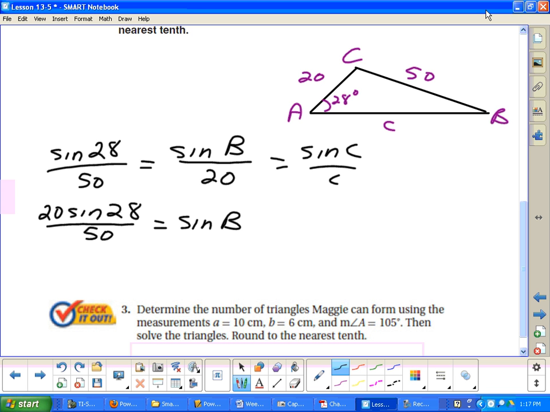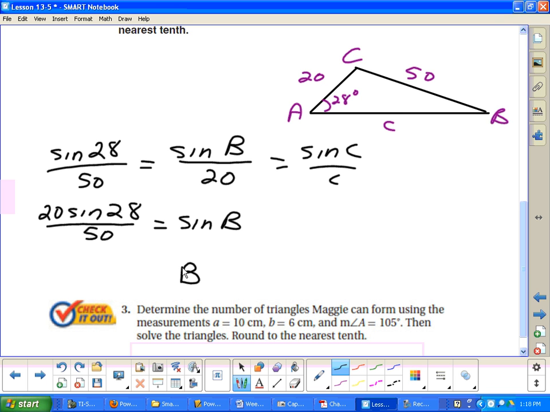To find angle B, we're going to do the inverse, so second sine of the answer. You could type in 0.1877888 whatever, or you could just hit second sine of the answer. And you should get 10.8 degrees.